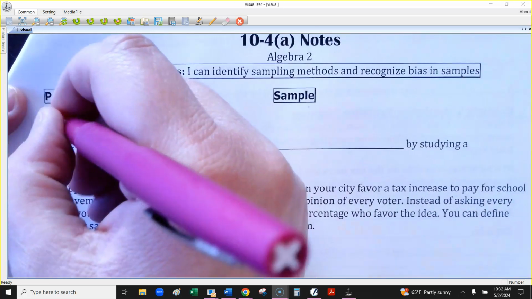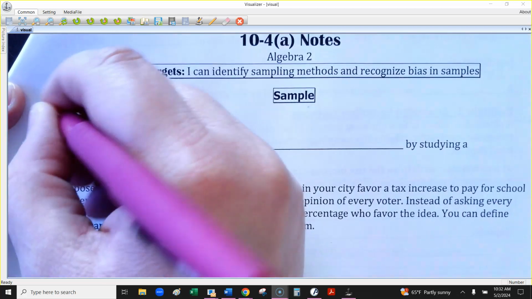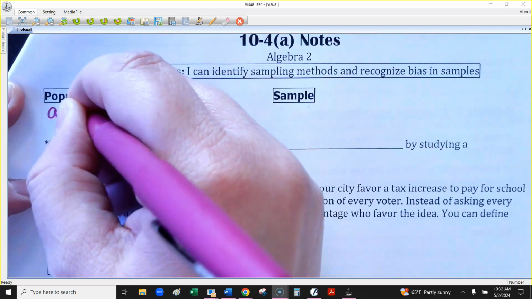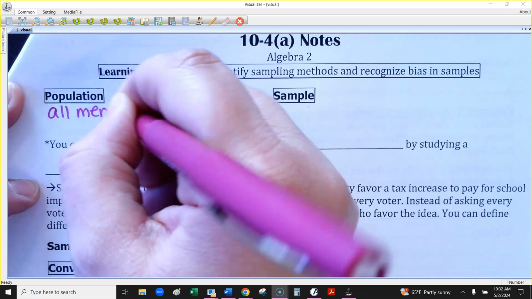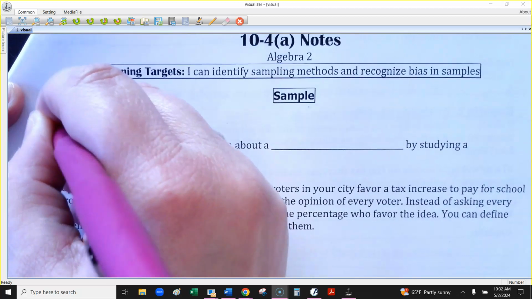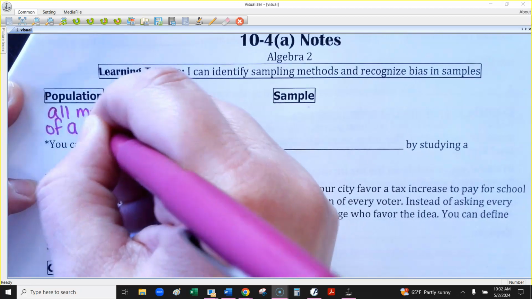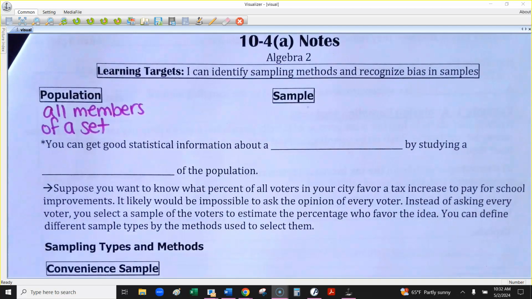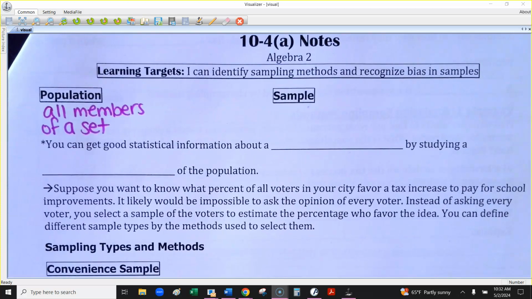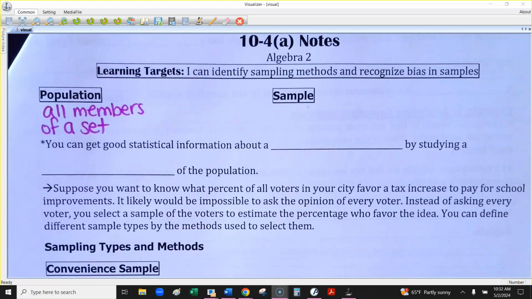Okay, so two things I'm going to give you a definition for. Population is all members of a set. So entire population is all members of the set. If I said I wanted to poll people in this school, the entire population would be everybody in the school.